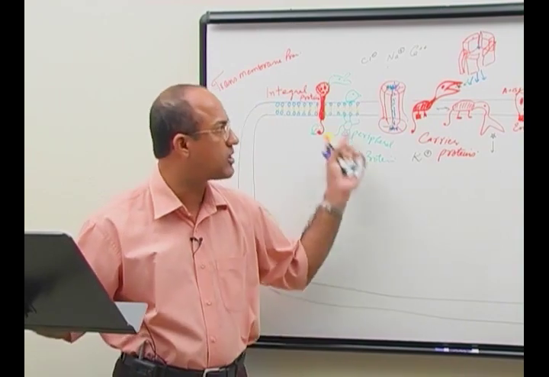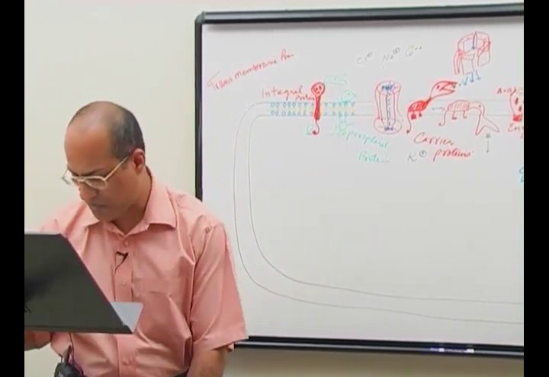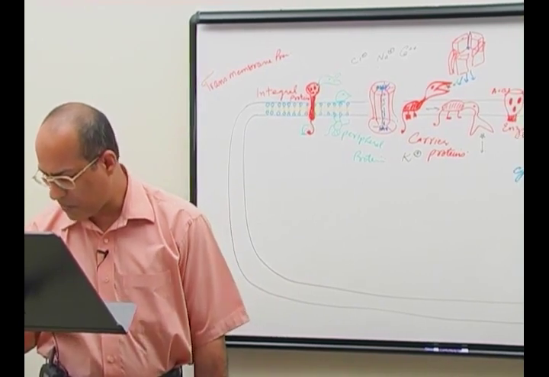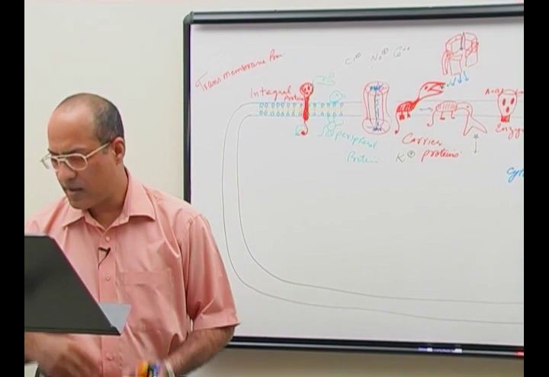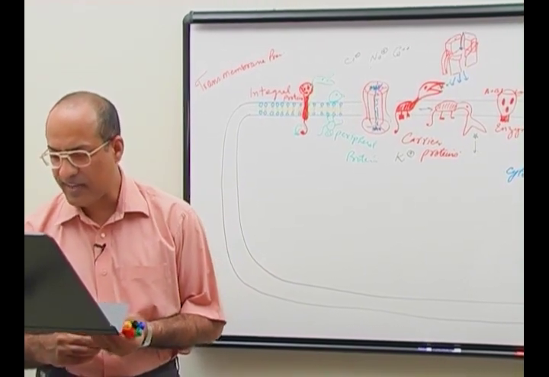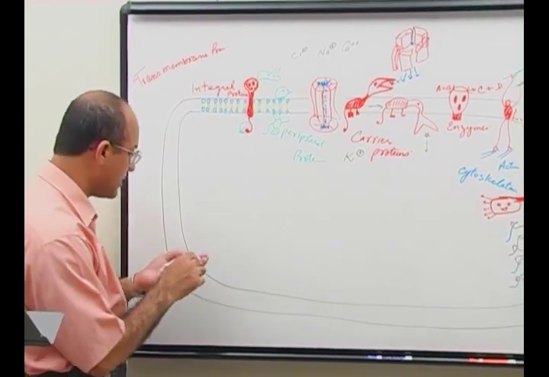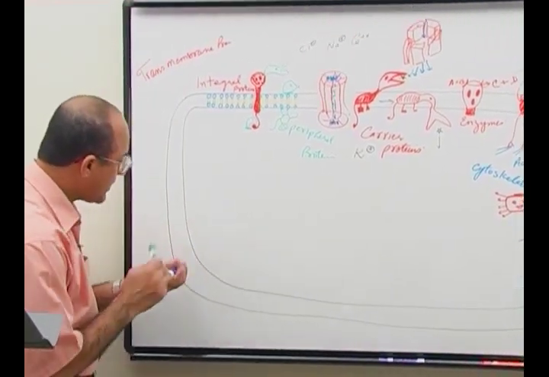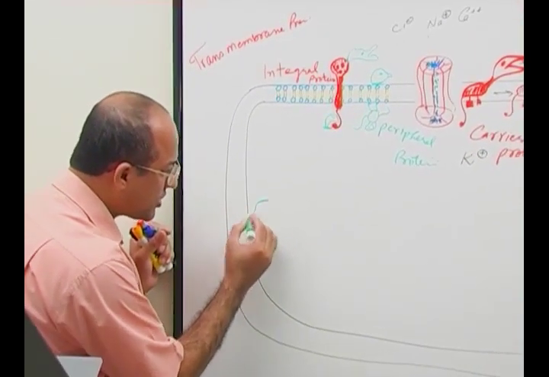So they can be disrupted very easily away from the membrane, right? And peripheral proteins are functionally acting as cytoskeleton.